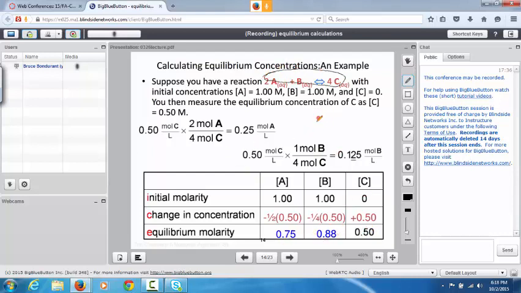And now KEQ is simply going to be 0.50 to the fourth over 0.75 squared times 0.88.